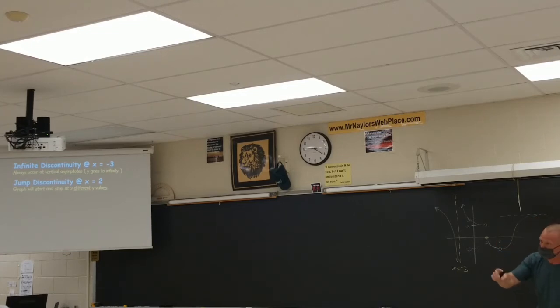But I want you to notice something about the way I'm giving the address. This is one of those things that kids sometimes have trouble with. Sometimes when kids give the address, they feel like they are at two places. But I don't want you to feel that way. If you're going to address the jump, if you're going to say, hey, go to the jump, and somebody says, where do I go? I know I'm pointing at two places. Well, actually, I'm pointing at two y values, but that's one x value.